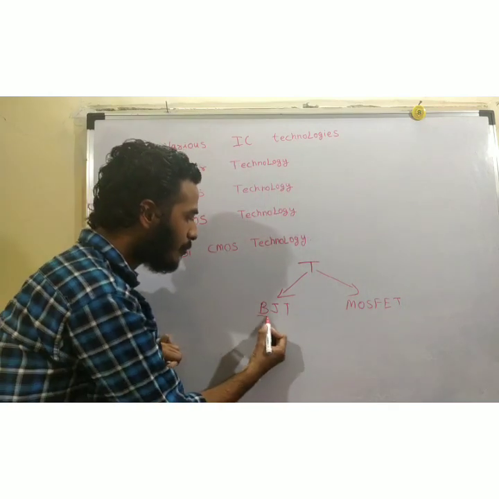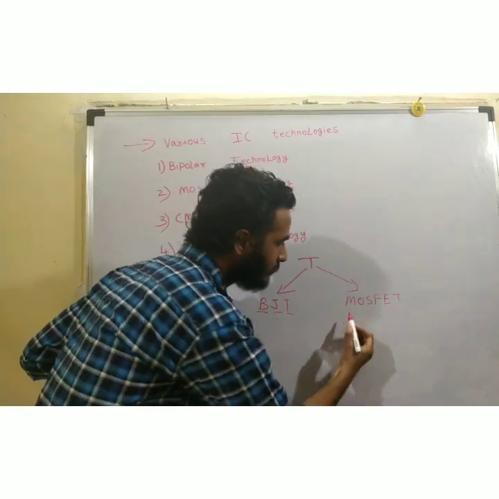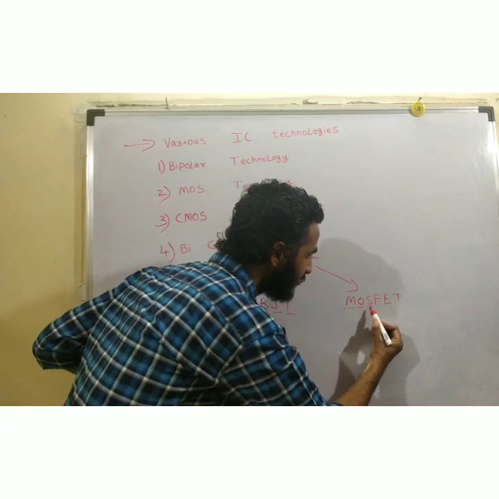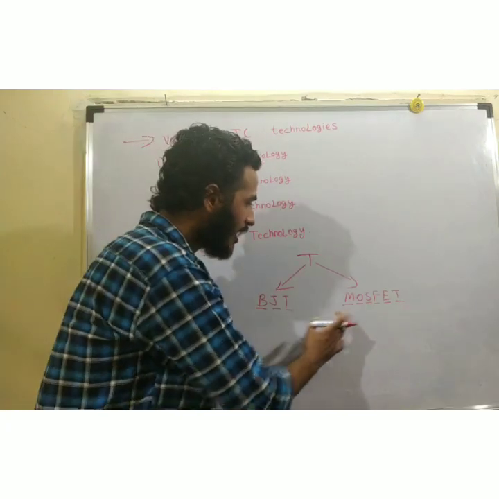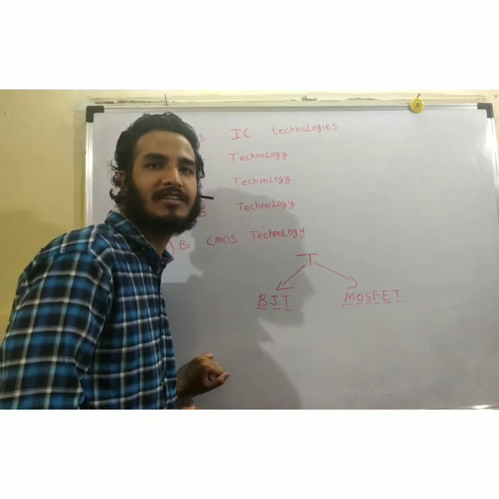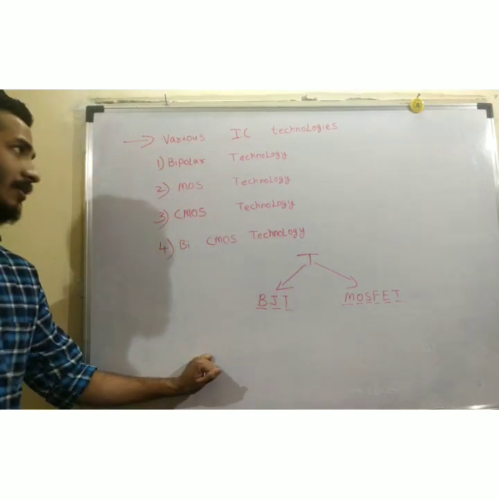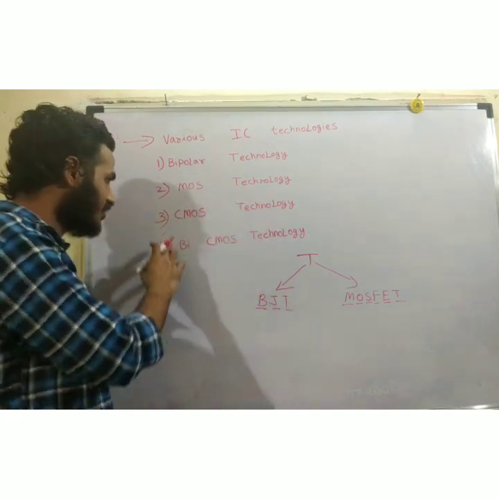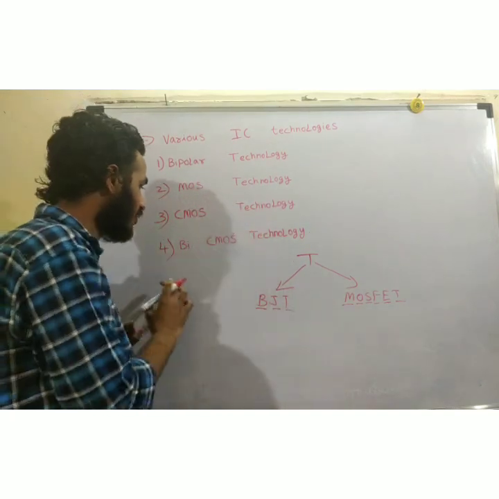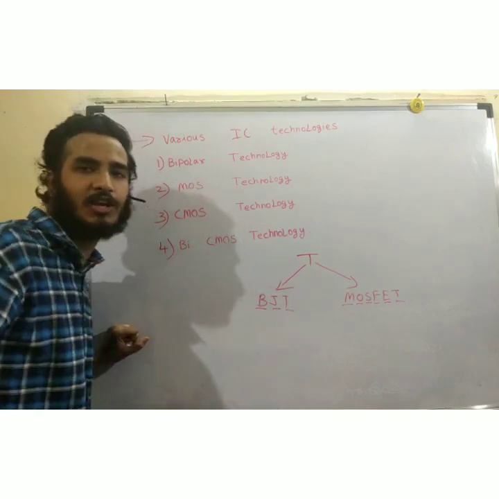BJT means bipolar junction transistor. MOSFET means metal oxide semiconductor field effect transistor. Depending upon the active element employed to produce integrated circuits, different technologies are available. First one is bipolar technology, second one is MOS technology, third one is CMOS technology, fourth one is BiCMOS technology.